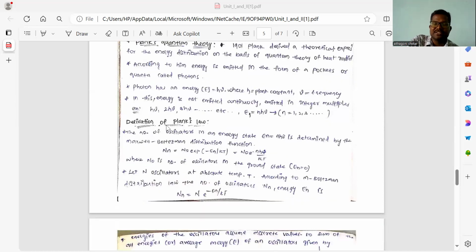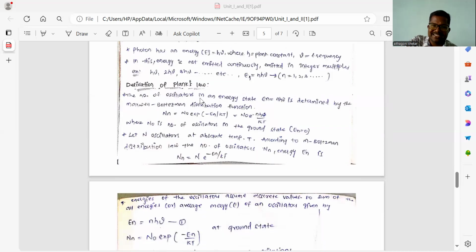Derivation of Planck's law. How to derive it? How to give the equation? The number of oscillators in the energy state En equal to n h mu is determined by the Maxwell-Boltzmann distribution function.